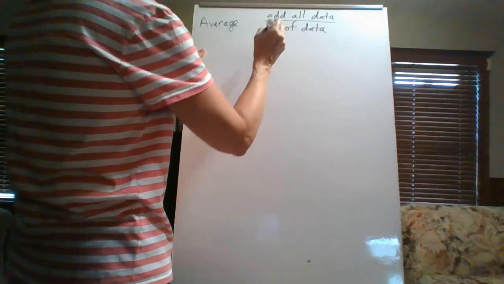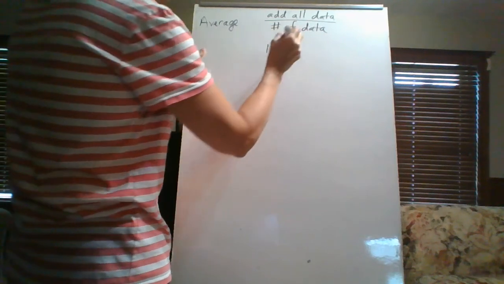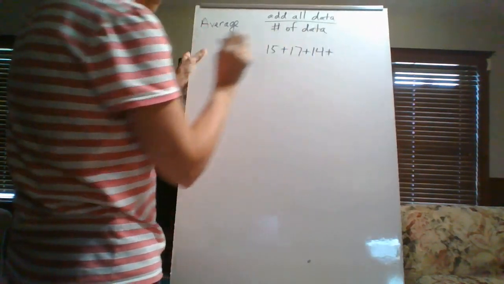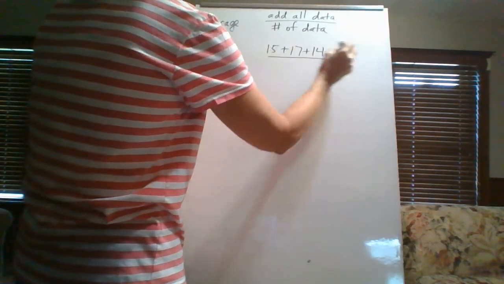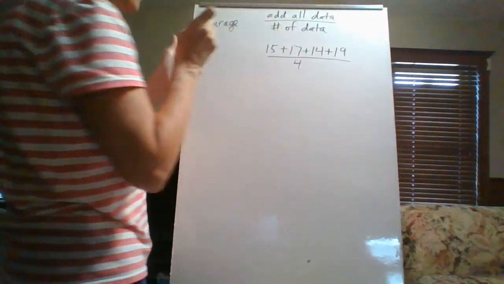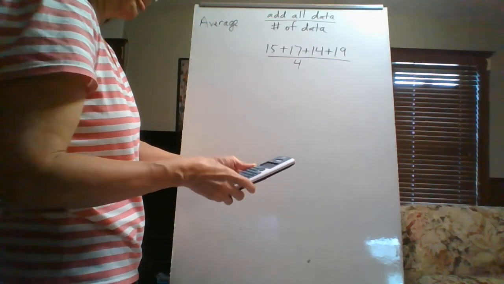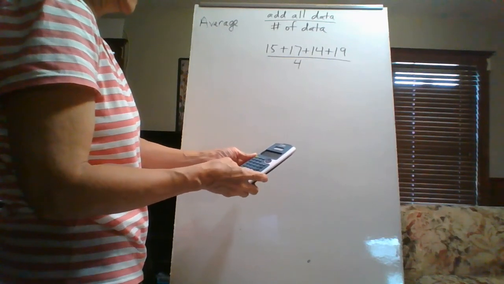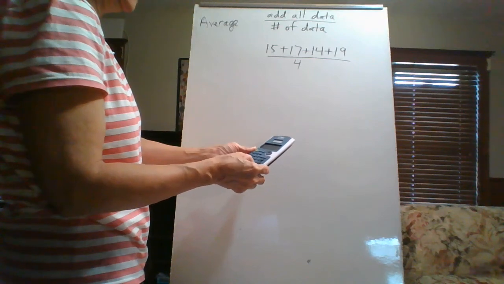Well, we're going to add the data. So we're going to add 15 plus 17 plus 14 plus 19. And we're going to divide by the number of pieces of data. 1, 2, 3, 4. Okay, so use your calculator. Let's get it. 15 plus 17 plus 14 plus 19.